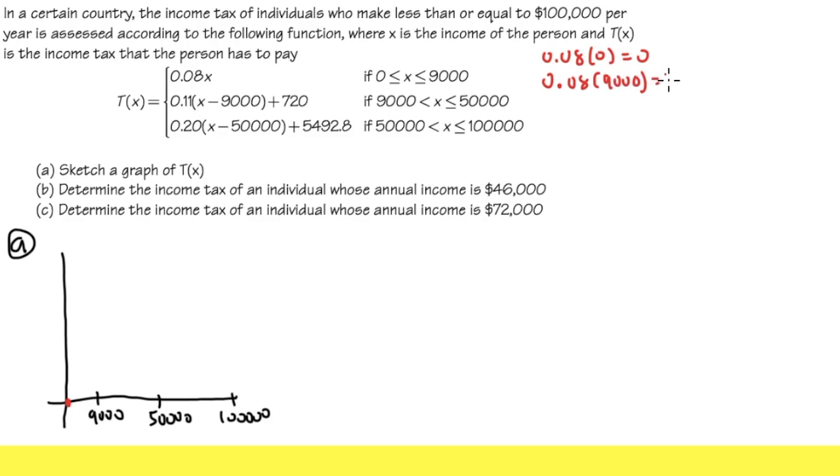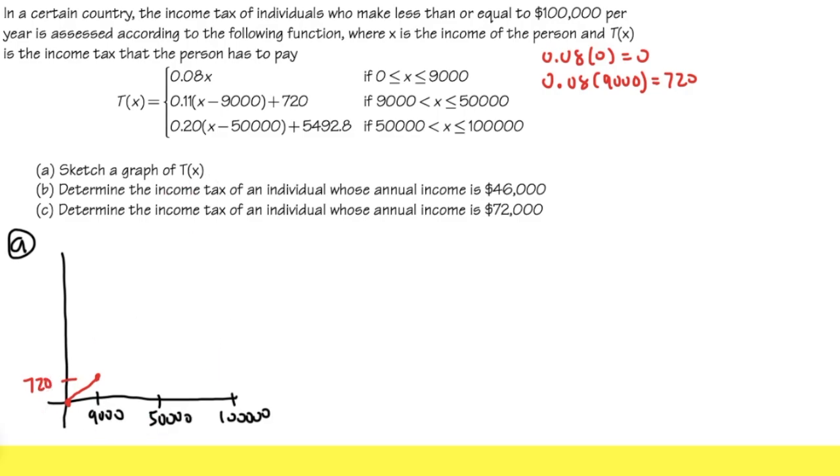Work that out, we get 720. So we'll just go up to 720, and that's the second point, and then we can just connect the dots. So that's the first one. And right here, the slope is 0.08, which is really small, but again, this is not drawn to scale, all right? So that's the first piece.